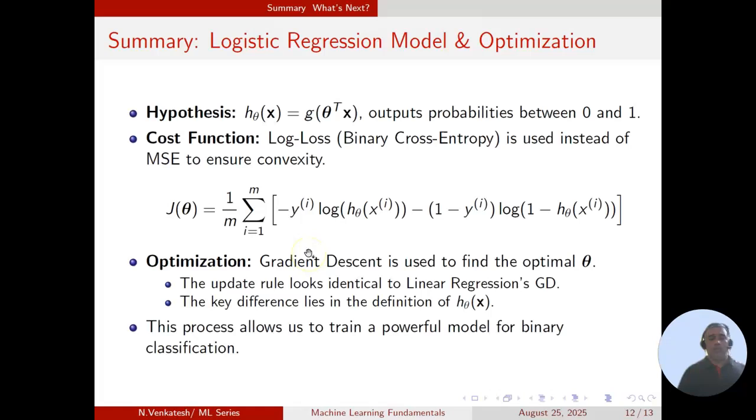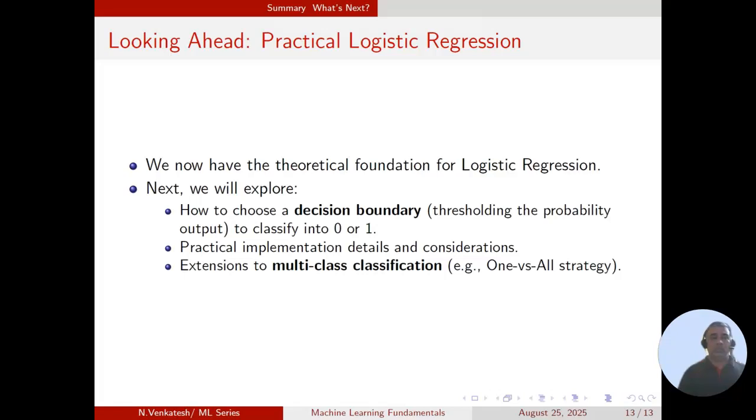And we can use gradient descent to find the optimal parameters, and we discussed how to update the parameters. We will be discussing in the next class how to practically implement this, how to choose a decision boundary, and how it can be extended to multi-class classification problems. Thank you.